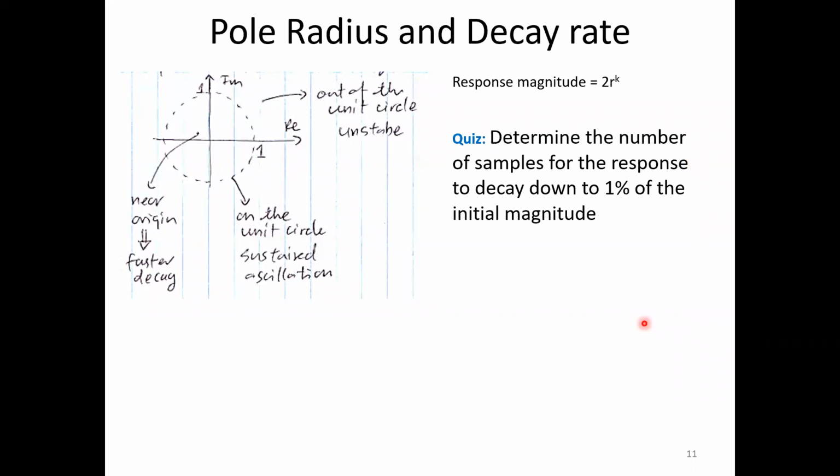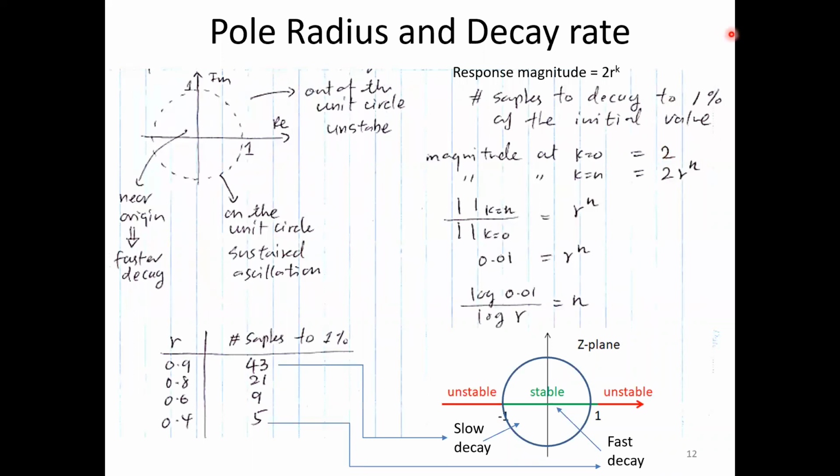All right. So this is the result. The amplitude of the response is 2r to the k. So if you look at the amplitude at k equals 0, the first sample, it is 2r to the 0, which is just 2. Now, the magnitude at k equals n, after n samples, or the nth sample, is 2r to the n.